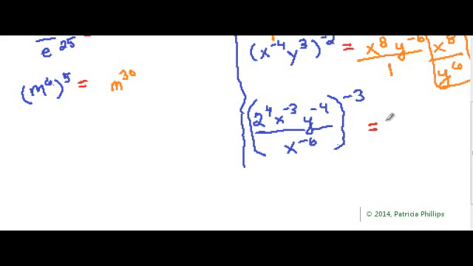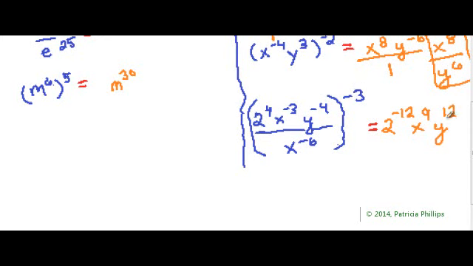So we're going to have 2 to the power of 4 times -3 is what? That's -12. And you're going to have x to the power of -3 times -3 is a positive 9. And then you're going to have y to the power of -4 times -3 is a positive 12.